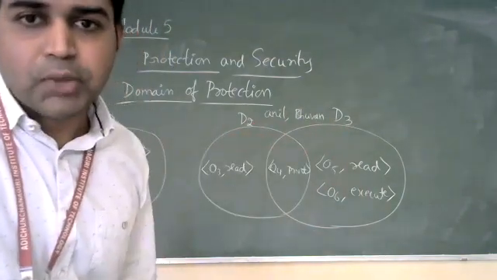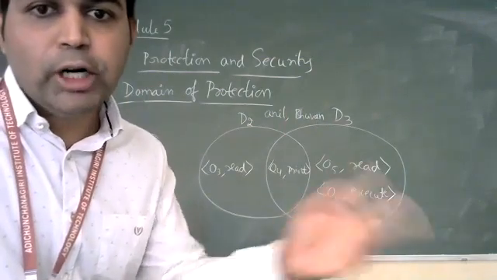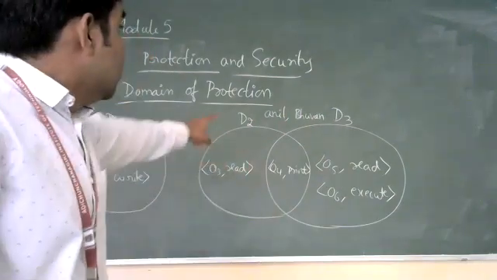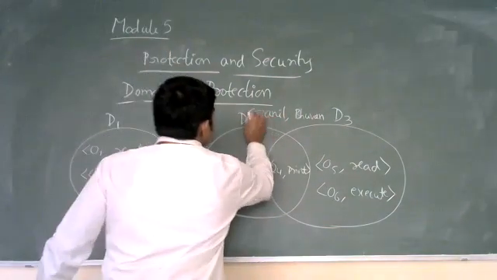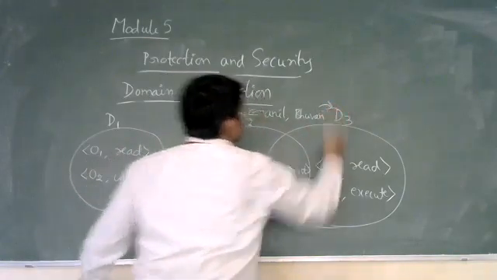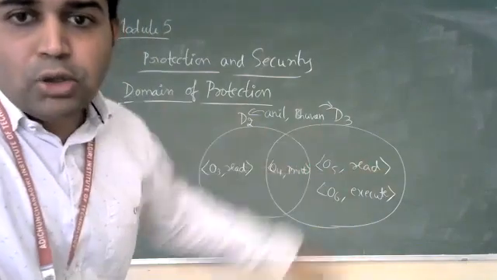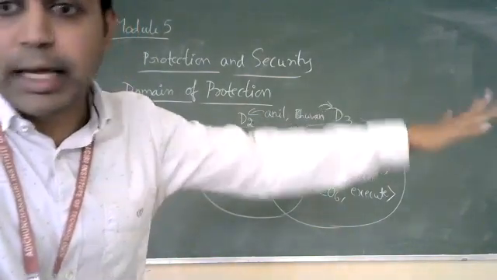So there are two users who belong to both the domains. How will it actually work? Assume that the user Anil belongs to domain 2 and Bhuvan belongs to domain 3.